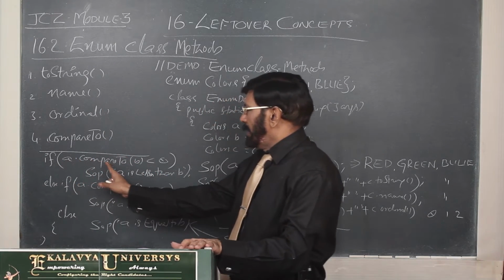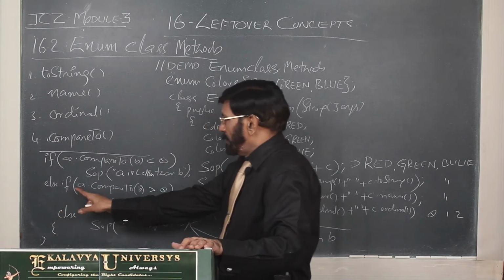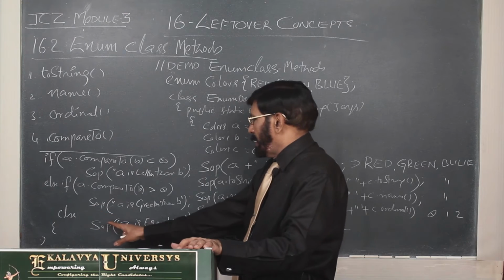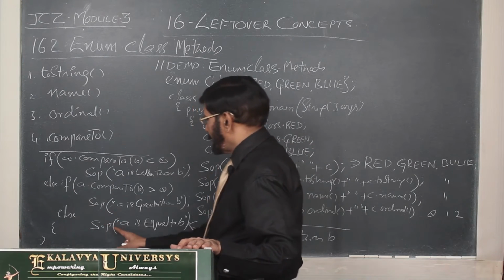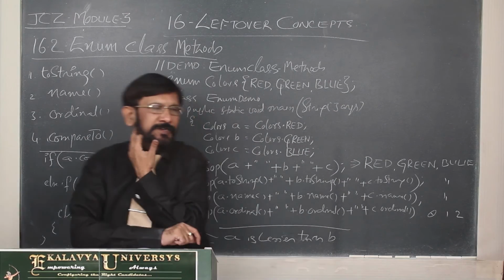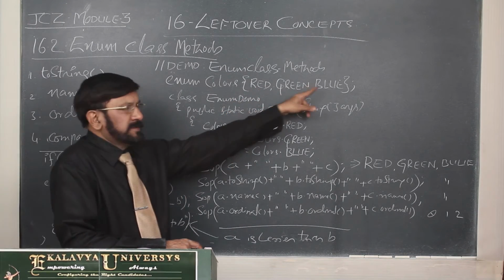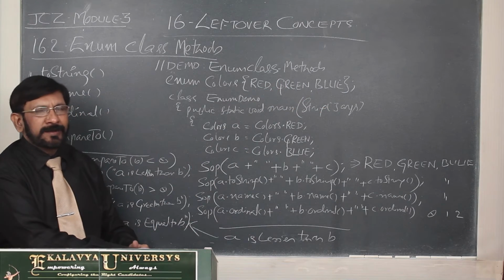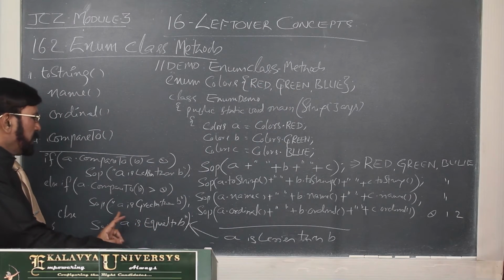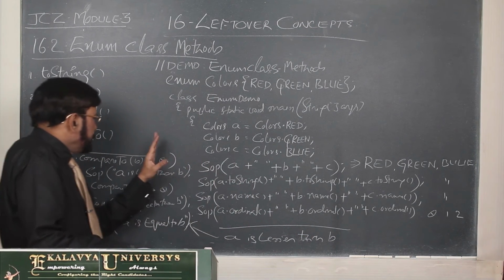If A.compareTo(B) is less than 0, else if A.compareTo(B) is greater than 0, and SOP, else A is equal to B. Now if you compare A and B, what is the fact? A is less than B. As a result of that, we see A is lesser than B printed. In that way, you can compare.